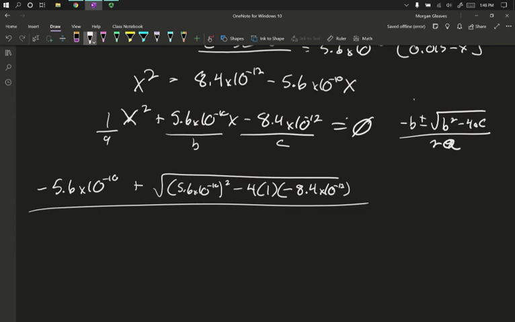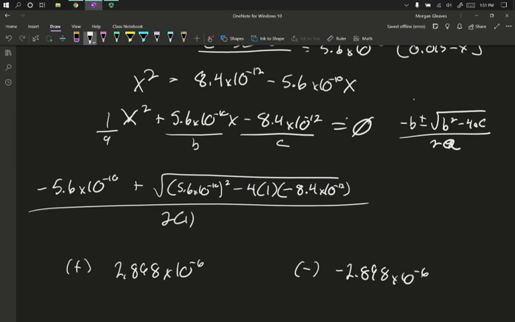Then all that divided by 2. So when we calculate this with the addition, we get 2.898 times 10 to the minus 6. And when we do the subtraction, we get negative 2.898 times 10 to the minus 6.